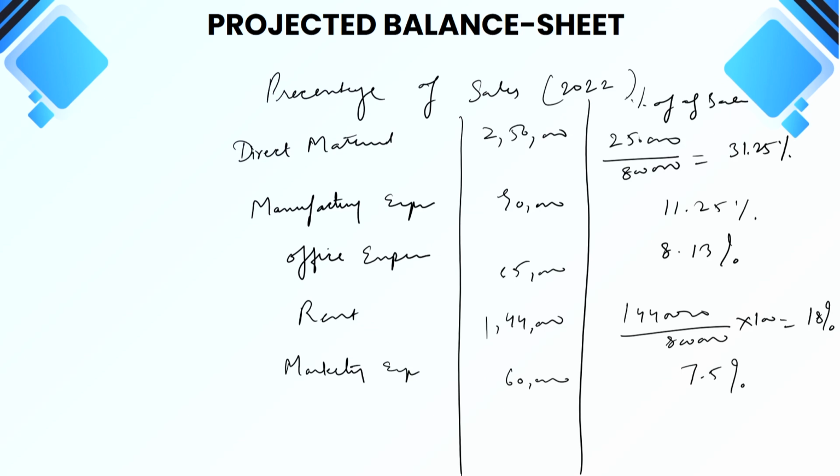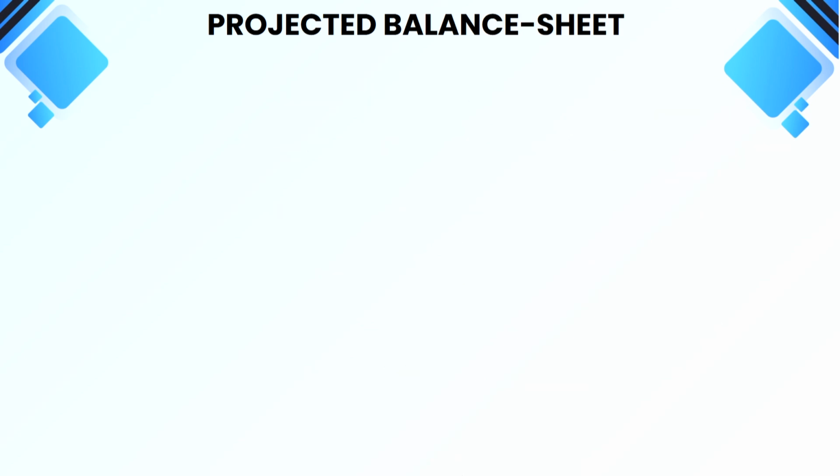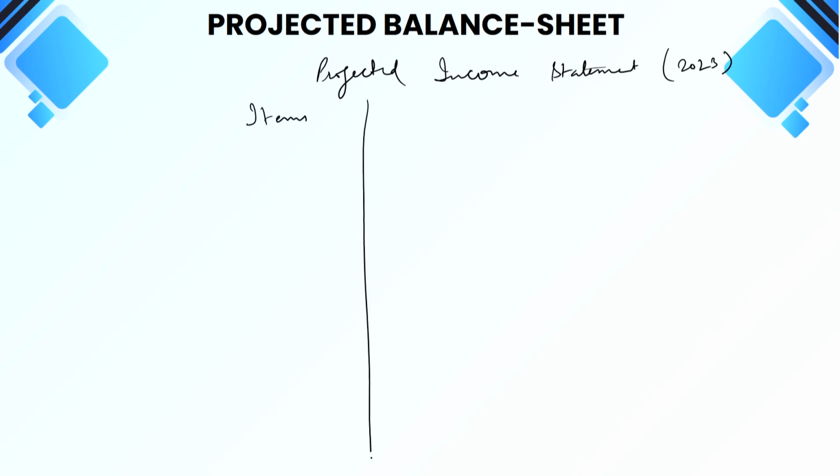Now using this, we are first going to project the income statement for the year 2023, starting with the different items. Then we calculate the percentage of sales.